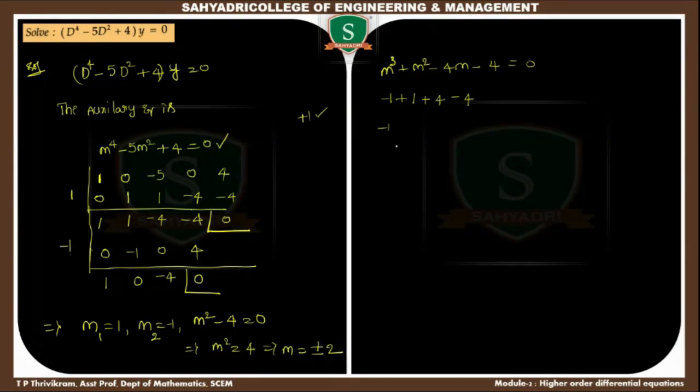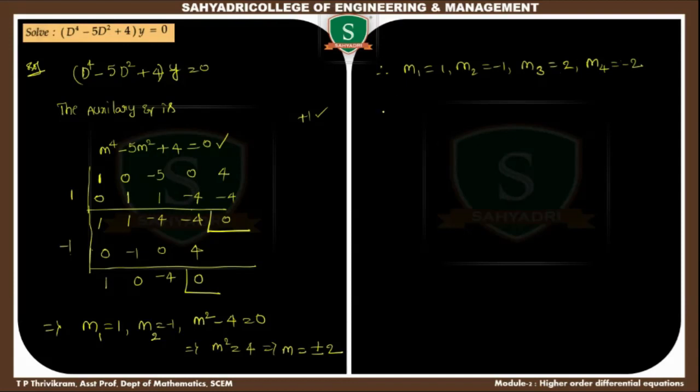So therefore the roots are real and distinct. So m1 equal to 1, m2 equal to minus 1, m3 equal to 2, m4 equal to minus 2.